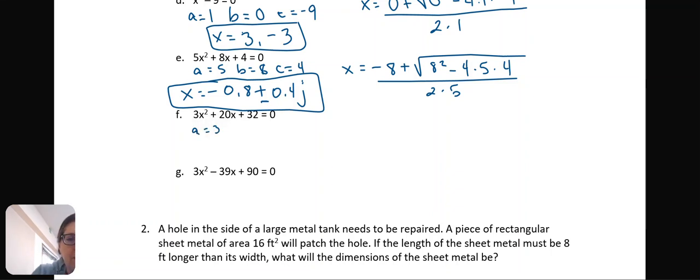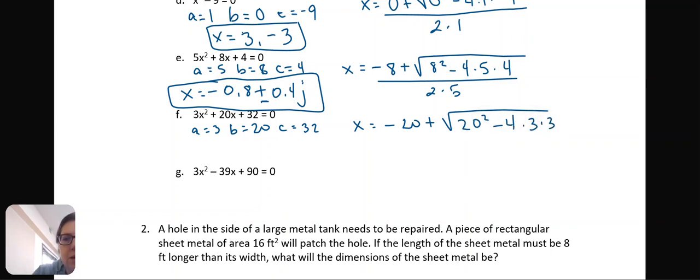A is 3, B is 20, C is 32. Opposite of B plus square root of B squared minus 4 times 3 times 32, all over 2 times 3.